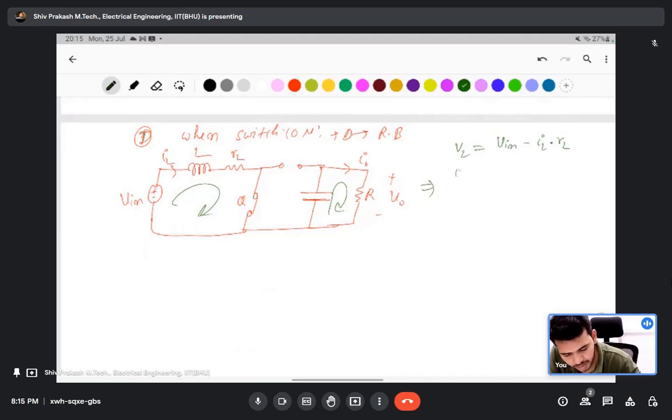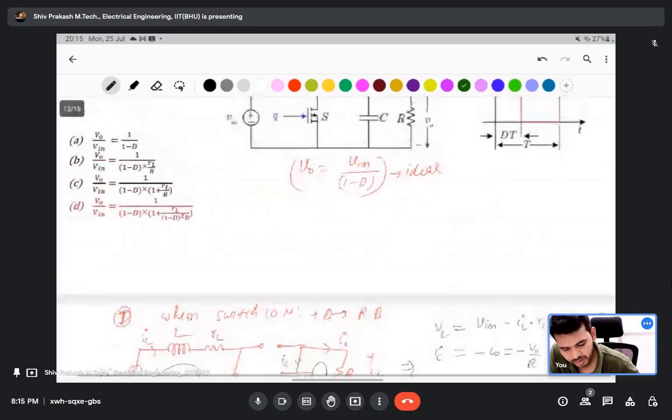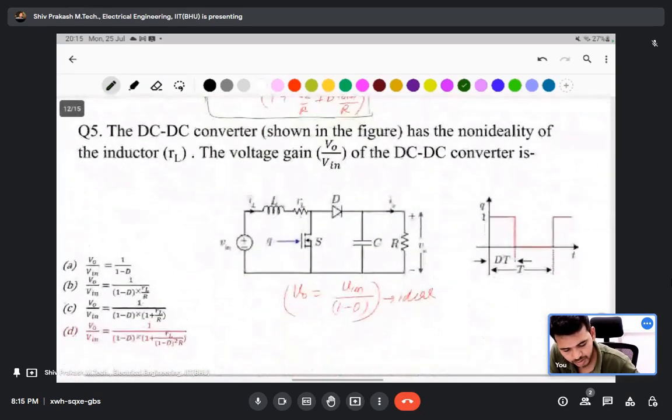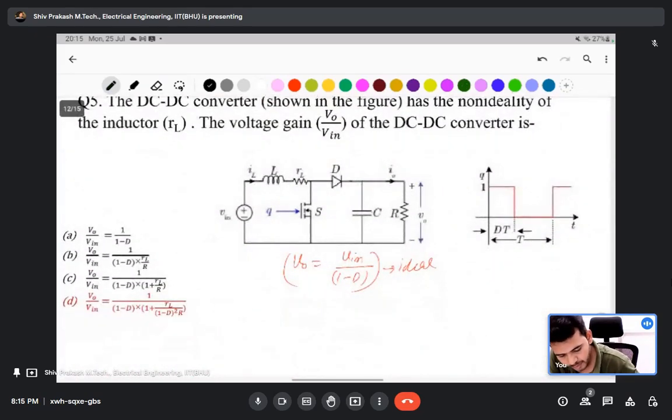And same as here, IC is equal to minus I naught, which is minus V naught by R. Because the IC is in the opposite direction, the output current is going like that. So IC is equal to minus I naught. This is not a sum, but IC is here.